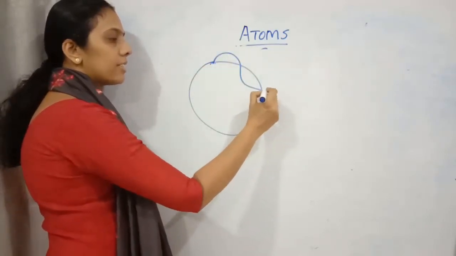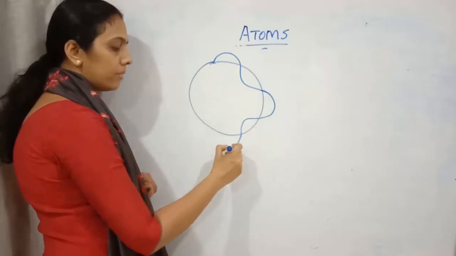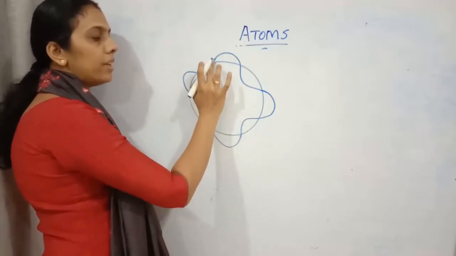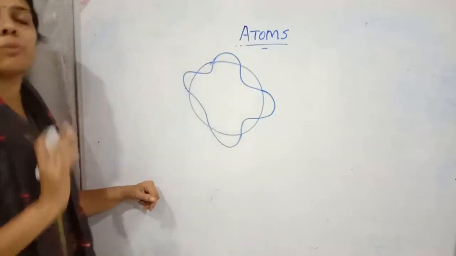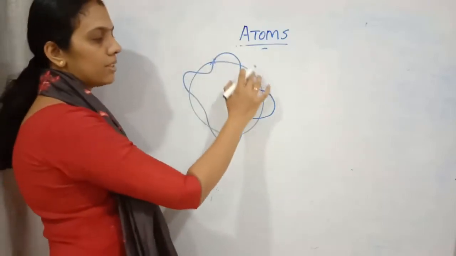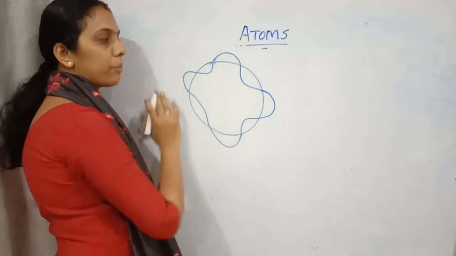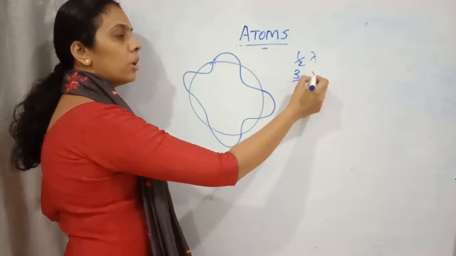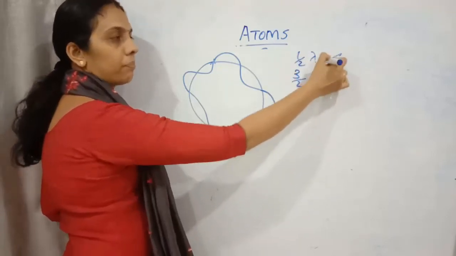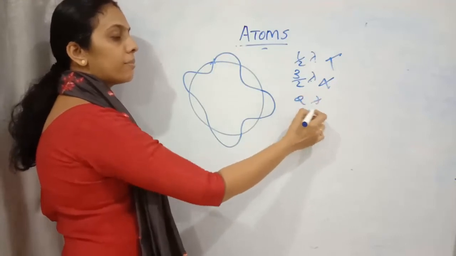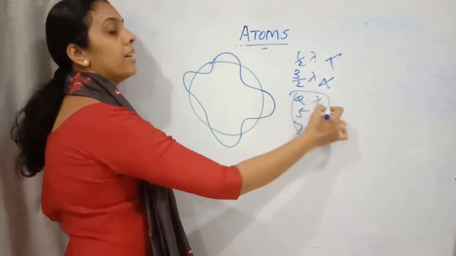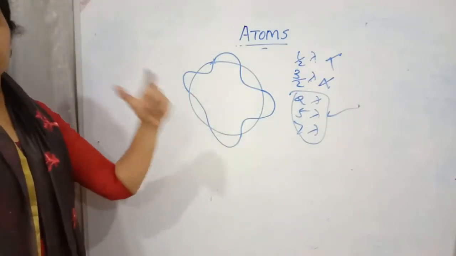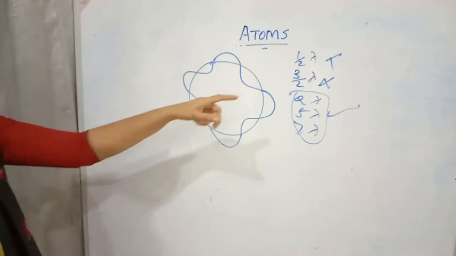Here this is 1 wave, 2 waves, 3 waves, and 4 waves. It will be a complete, integral number of wavelengths. That means it won't be half lambda or 3 lambda by 2; it will be 2 lambda, 5 lambda, 7 lambda, like that. That is the de Broglie hypothesis.